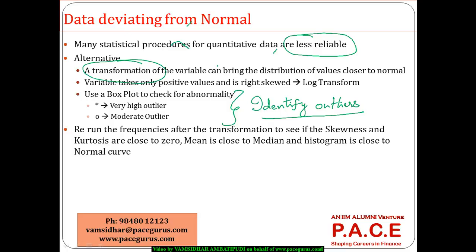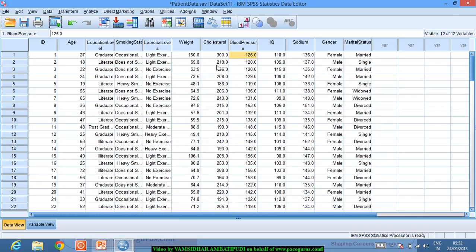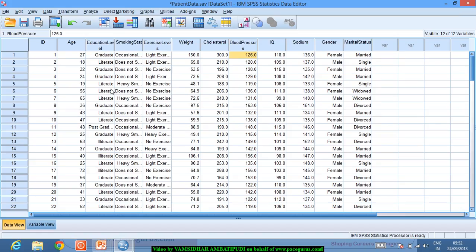So first let me start off with the identification of the outliers. One of the major exercises that can help me identify the outliers in the data is a box plot. So I'll get into the box plot creation in SPSS.